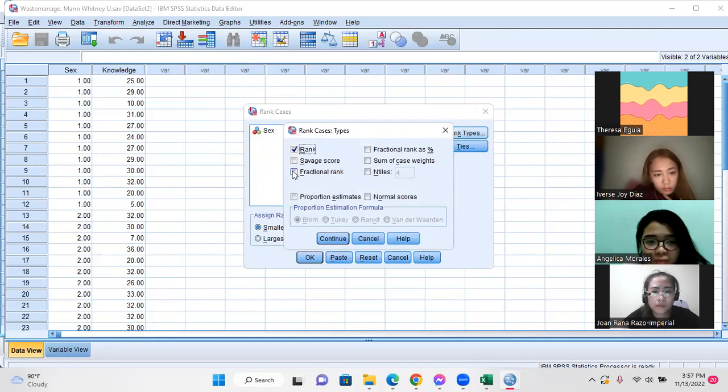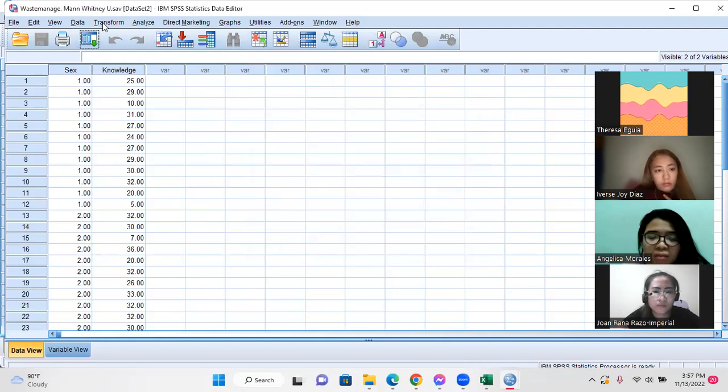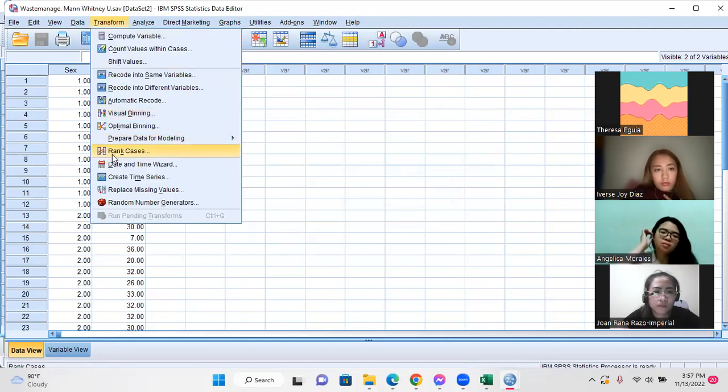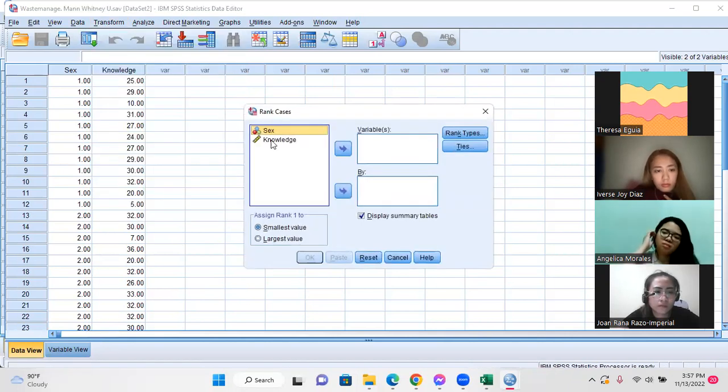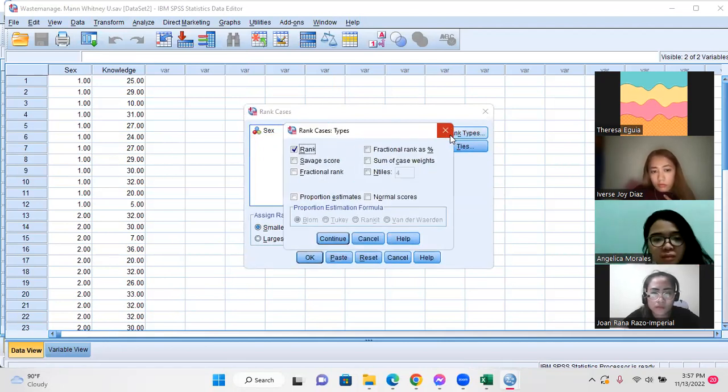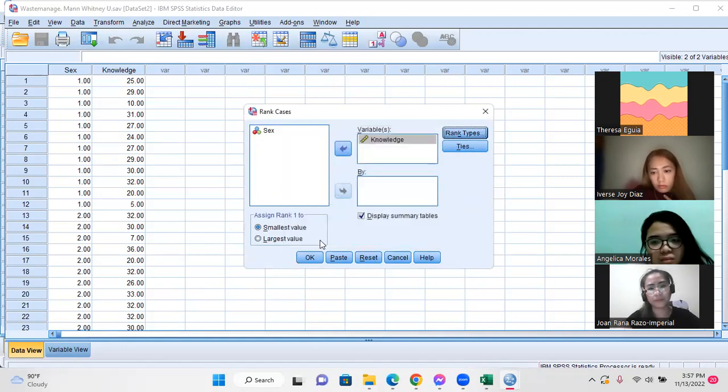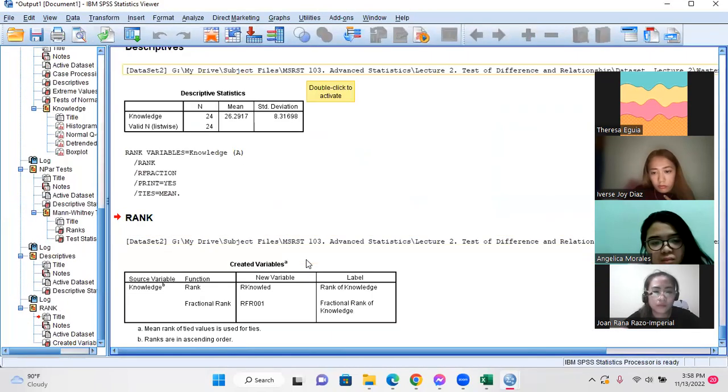Fractional rank. Sige ulitin ko ha. Transform, rank cases, knowledge. And then click fractional rank. And then click continue. And then okay.